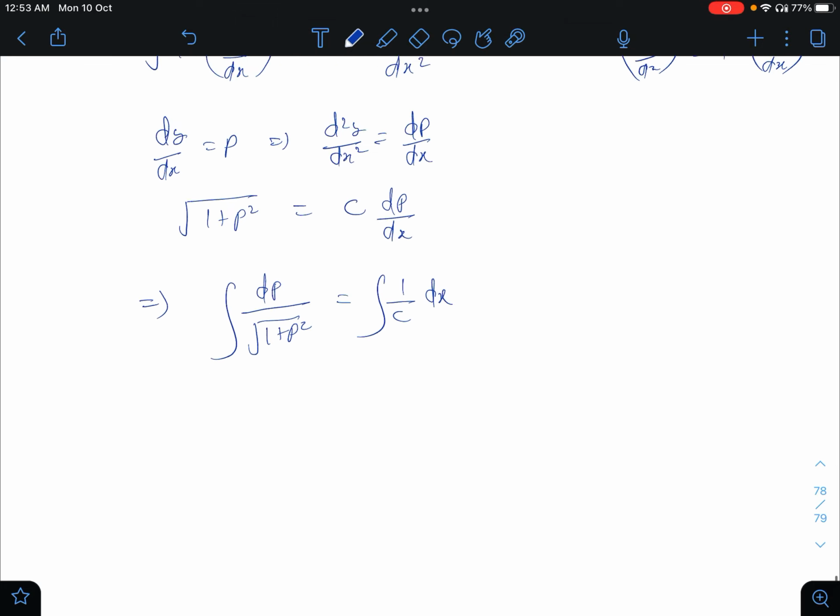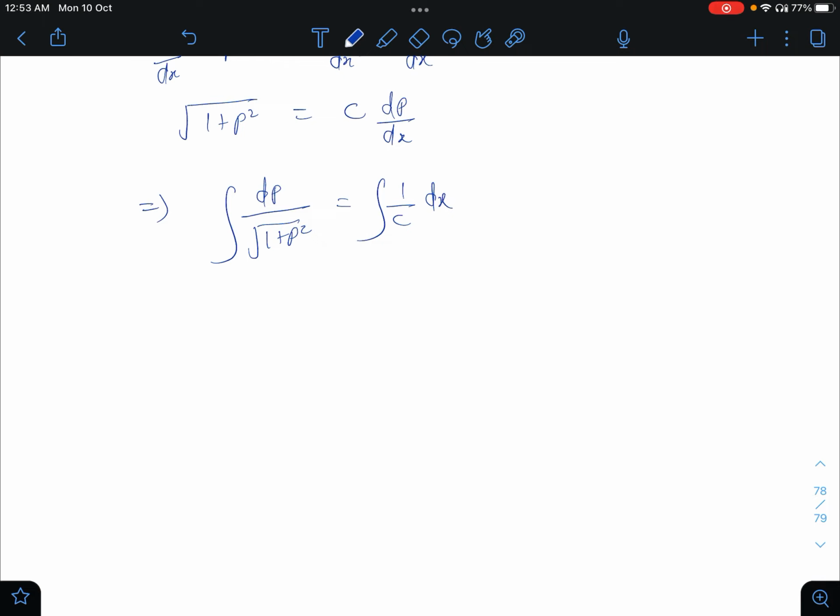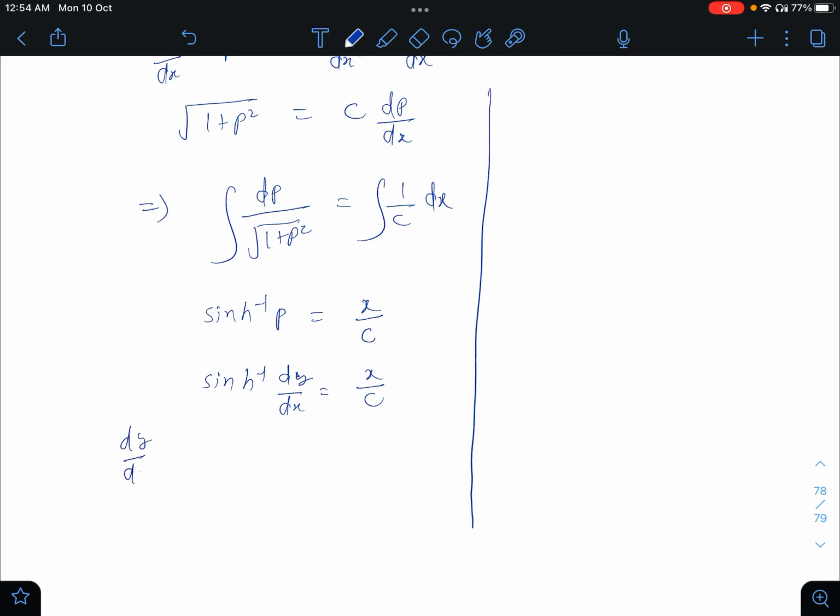Integrating both sides, we get sine hyperbolic inverse p is equal to x by c. Since p is dy by dx, sine hyperbolic inverse dy by dx is equal to x by c. So dy by dx is equal to sine hyperbolic x by c.